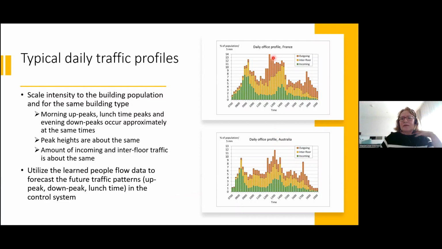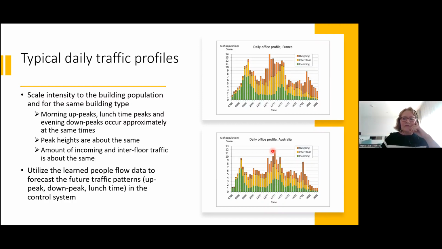Here, for instance, in France, in a single tenant building, the peak height is 14. And here in Australia, office, the peak height is something like 12 during lunch hour. There are peaks during morning, lunch hour, and in the evening in offices typically.